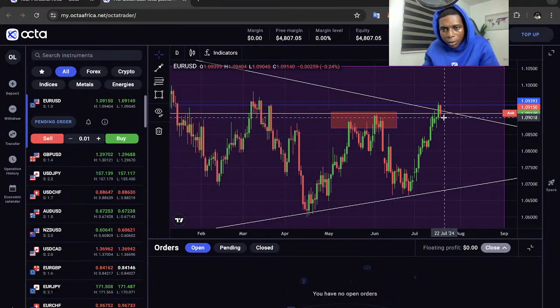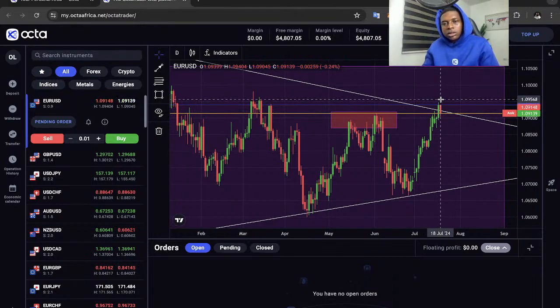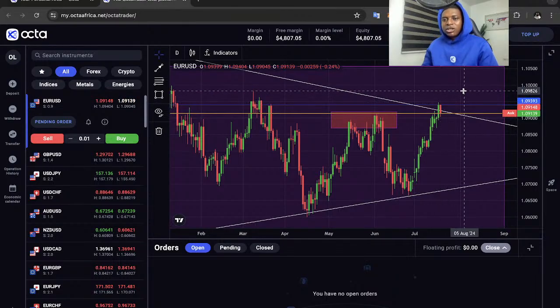Now after a breakout has occurred yesterday, there is always a higher chance, a 50 to 80% chance of a retracement, because price gets to come back to retrace to test the level at which it just broke out from.